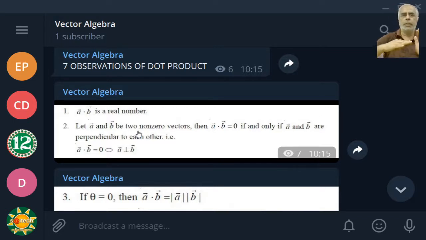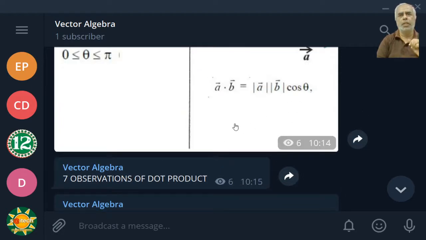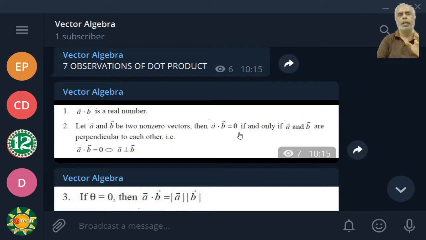Let me say this is vector A, this is vector B. So it is perpendicular. When the two vectors are perpendicular to each other, naturally theta is 90 degrees. In the formula, cos 90 degrees is 0, and that is why the product is 0.